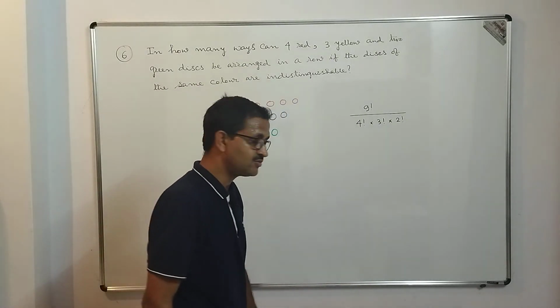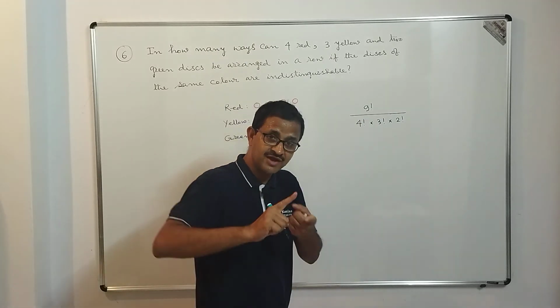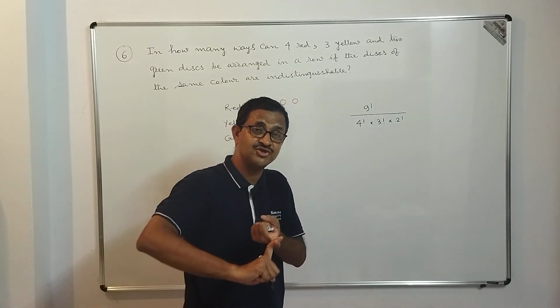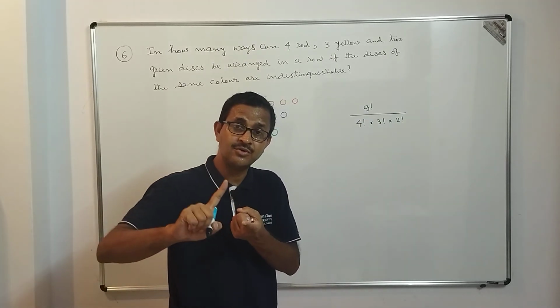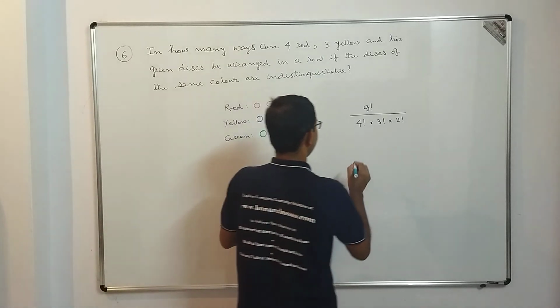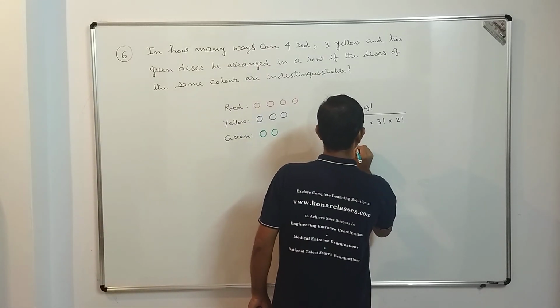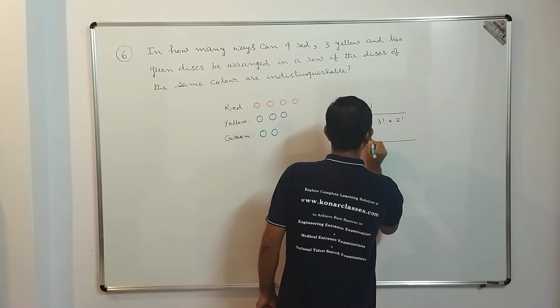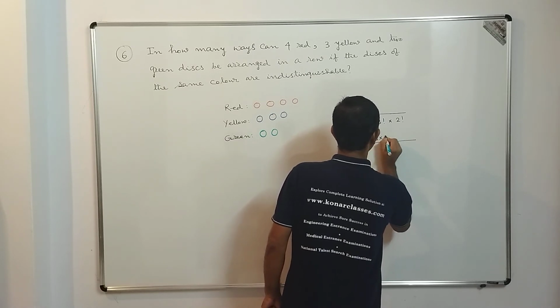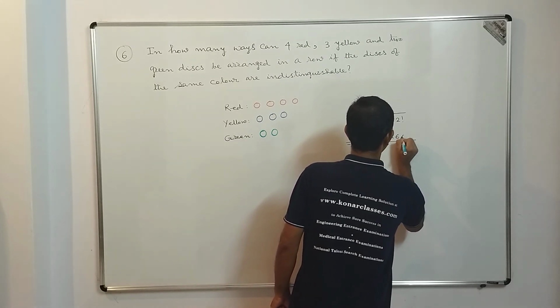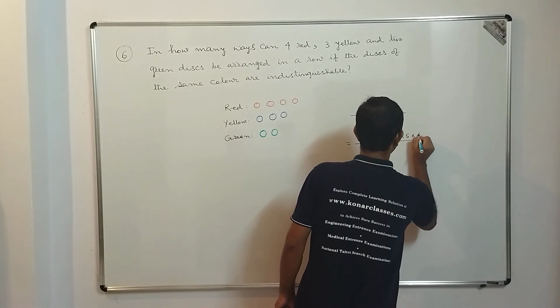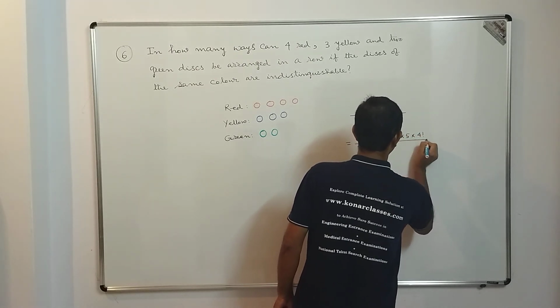How to proceed, dear students? Whichever factorial is larger should be broken down until we reach the next lower factorial. So that equals 9 into 8 into 7 into 6 into 5 into 4 factorial. Why so?